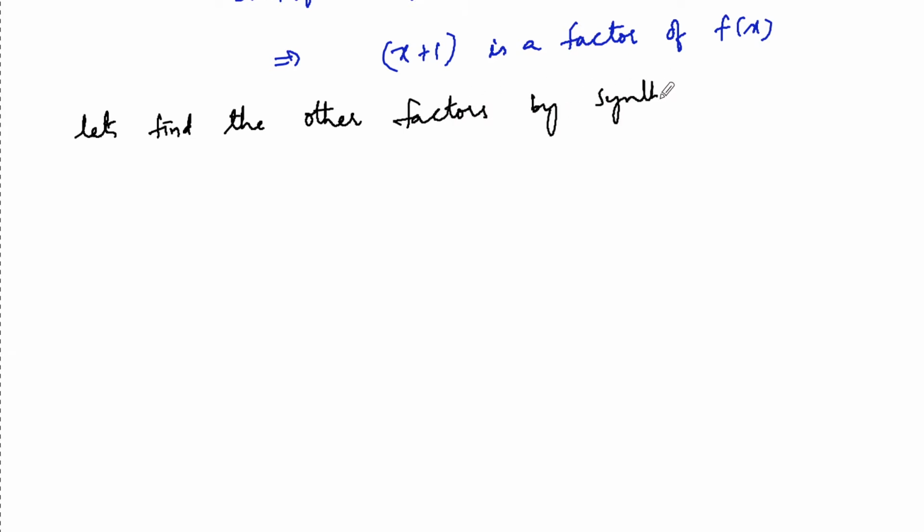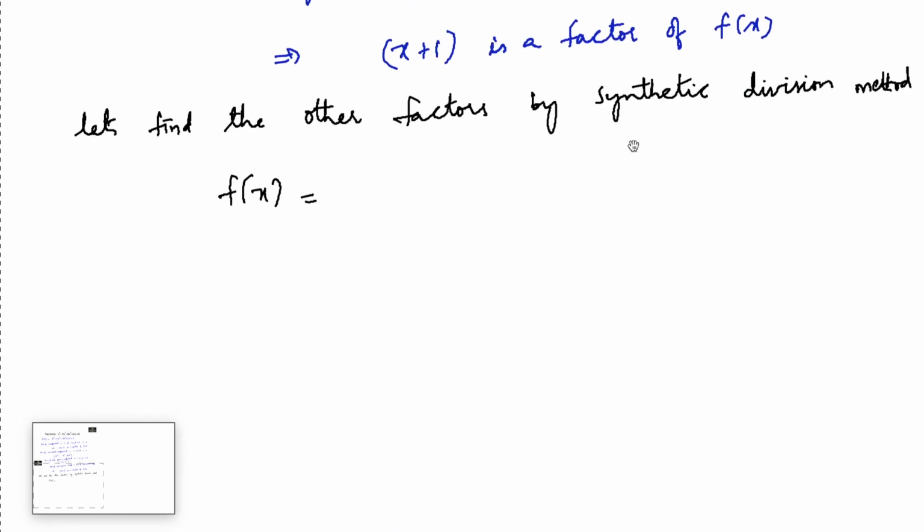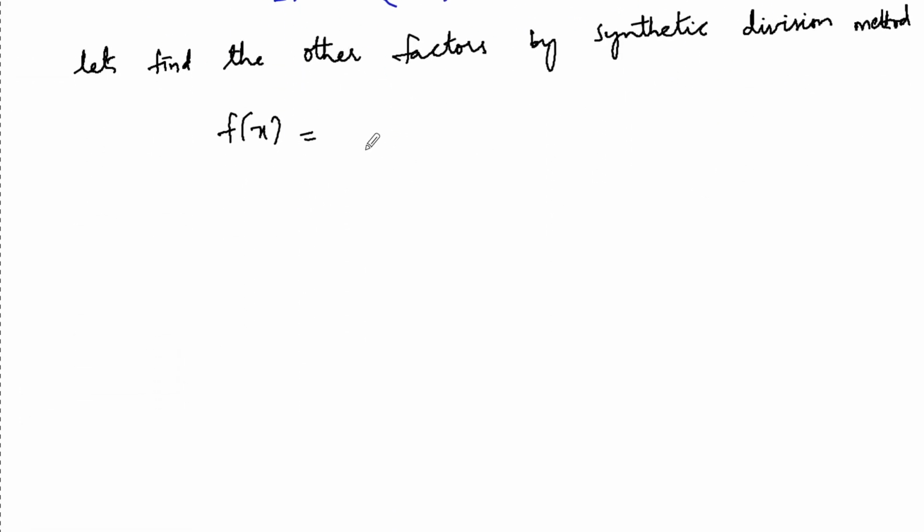By the synthetic division method, our polynomial f of x is equal to x power 4 minus 2x cube minus 9x square plus 2x plus 8.